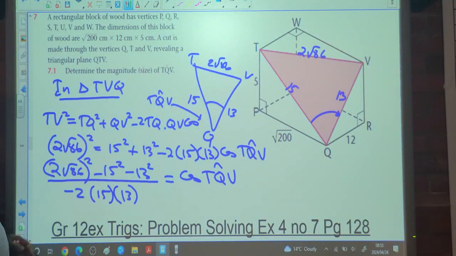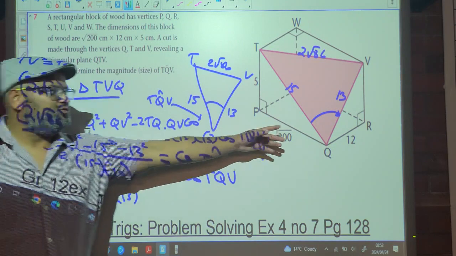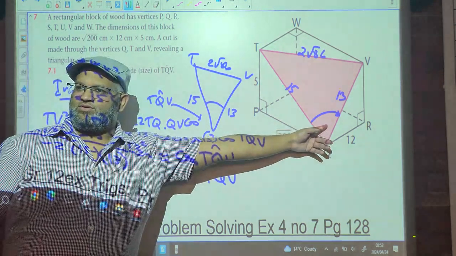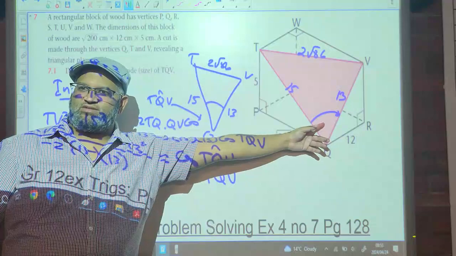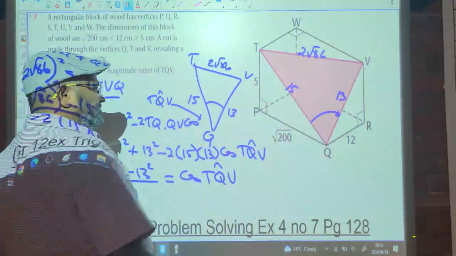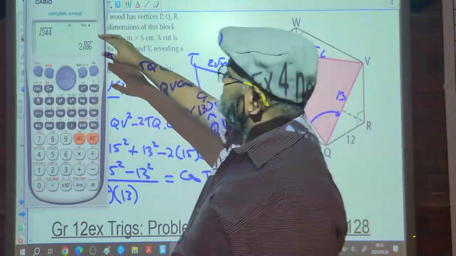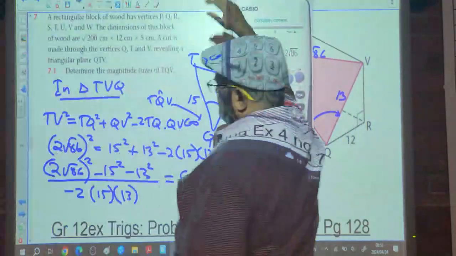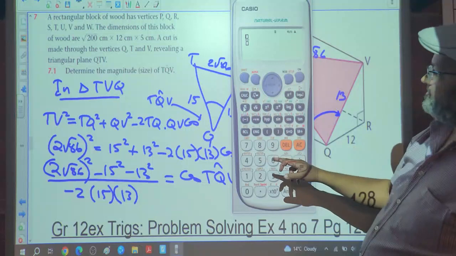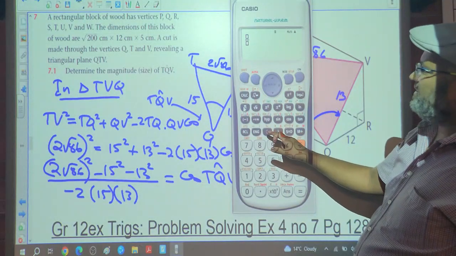I work the sign out. If this is negative, then this angle will be obtuse, which puts it in the second quadrant because cos is negative in the second quadrant. But it looks like the spread is not so big, so I would assume it's going to be positive. But I could be wrong. If it's positive, then it's just an acute angle.